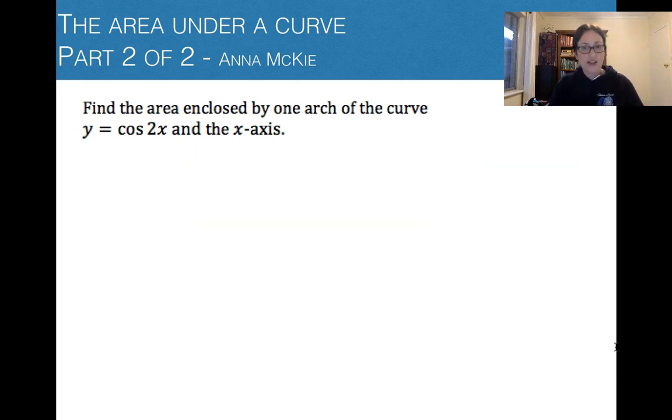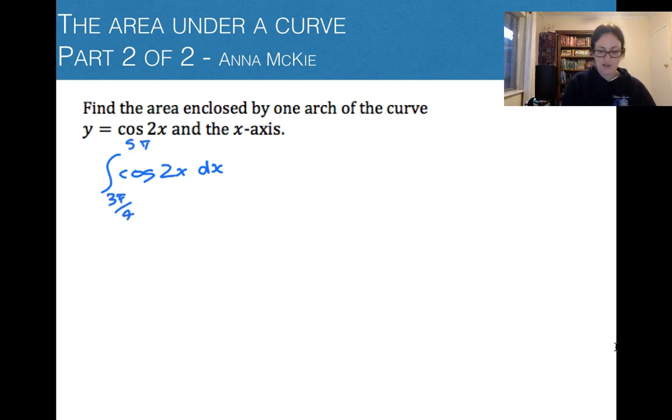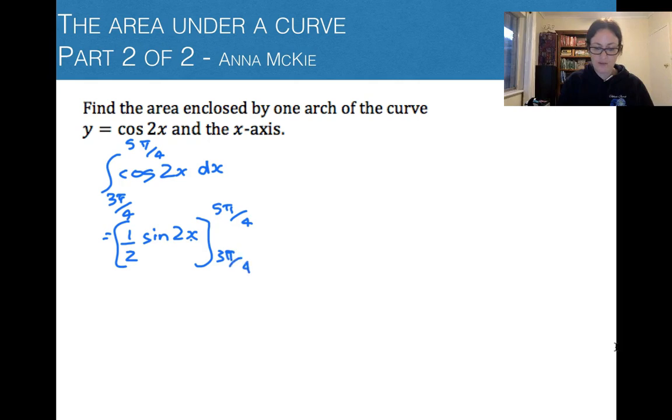So let's do that. Let's write our integral for cos 2x dx between those bounds. We had 3 pi on 4 and 5 pi on 4. So integrating, we get the integral of cos is sine of 2x, but remember we have to go 1 on 2 out the front because of that 2x there, and putting our upper bound 5 pi on 4 and our lower bound 3 pi on 4.